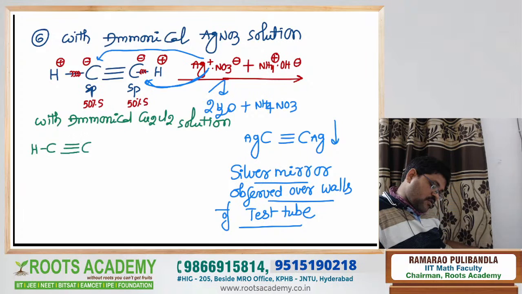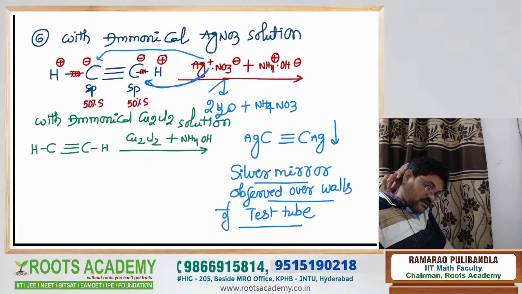HC triple bond CH, and to that we add cuprous chloride, CuCl2, plus ammonium hydroxide. Now, because of the sp carbon, what do you write? C minus H plus, right? Because of the sp carbon, C minus H plus.